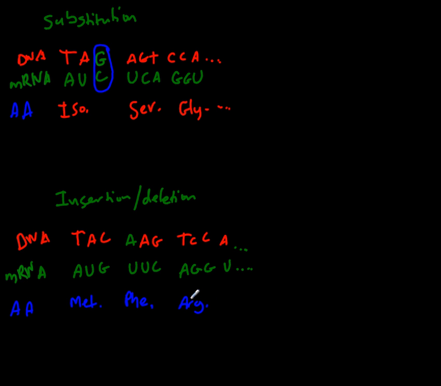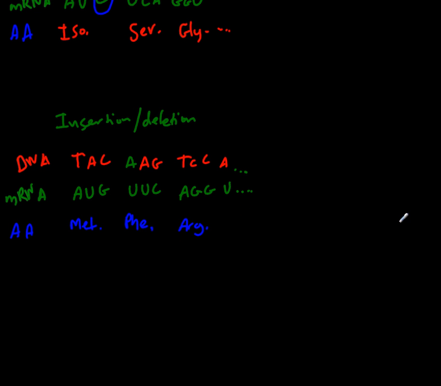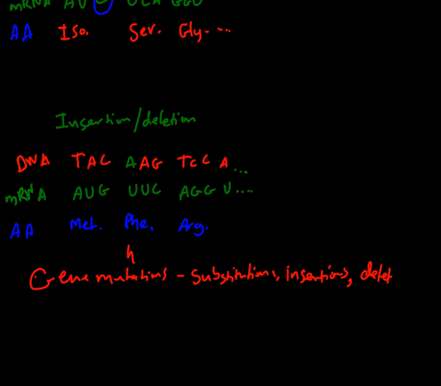Okay, so these are all examples of gene mutations. So the three types of gene mutations, right? We can have substitutions, insertions, or deletions.